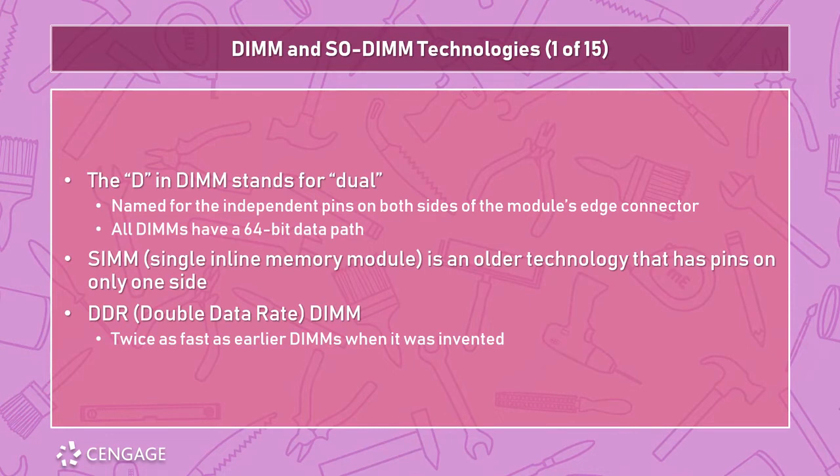So the period of a wave was from one low point to another or one high point to another. But because there was a low and high point in a single period, we were able to identify, what if we did a signal at the top and the bottom? So now for every period that passes, we have transmitted data twice. That's what doubled: we sent data twice per period instead of once.